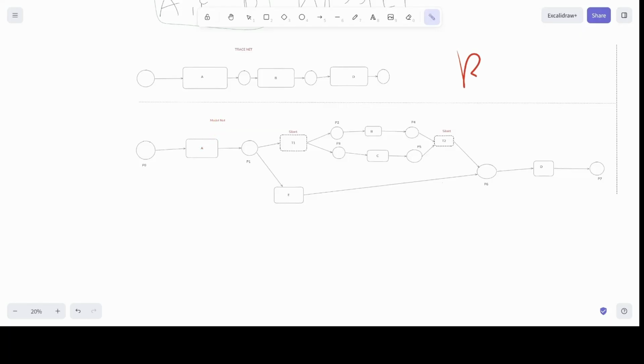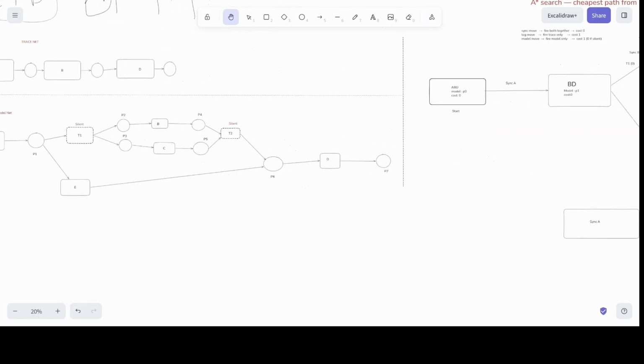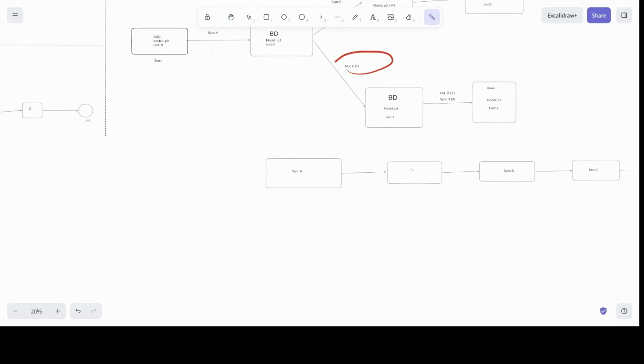We still have B, D. We don't have an E. So E is on its own a model move, meaning that it will cost us 1, because we don't have in our model a path to get a B. And the path, we already considered it, which had a B. So that's a model move, and that's going to cost us 1. Here, as you can see, cost us 1. We find ourselves at BD from our trace. Model has a token in P6 and costs us 1.